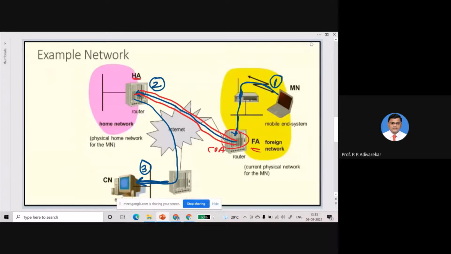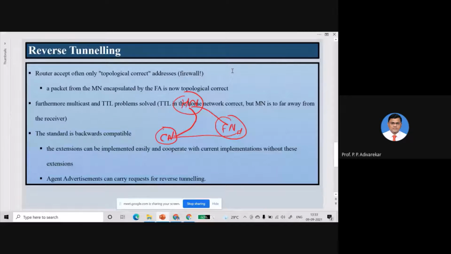Suppose now the router, as we know, accepts only topologically correct addresses. Because of the reverse tunneling, are we getting a topologically correct address? Obviously yes, because a packet from the mobile node is now encapsulated by the foreign agent, and once it is encapsulated, the source address becomes not the IP address of the mobile node, but the COA, that is the care of address.